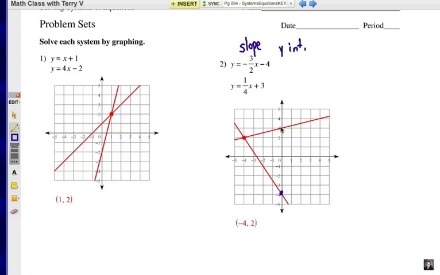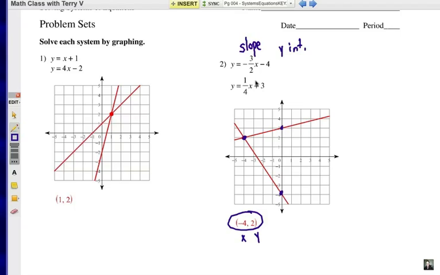So there's your y-intercept, and it's a 1/4 slope, so go over 4, up 1, or over 4, down 1. And the intersection, of course, is that point, which happens to be (-4, 2). Now, if you substitute that x value, -4, and that y value, 2, into both equations, it will work.